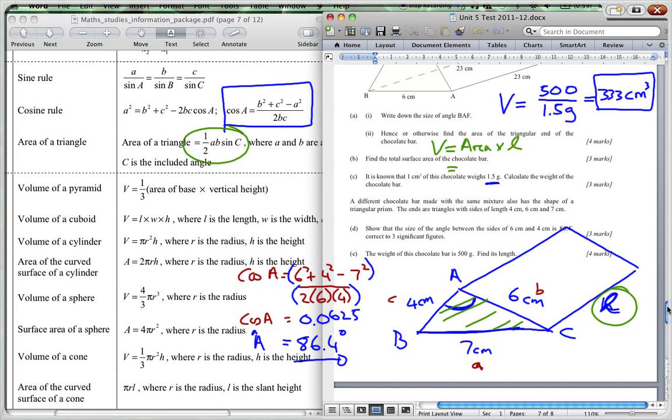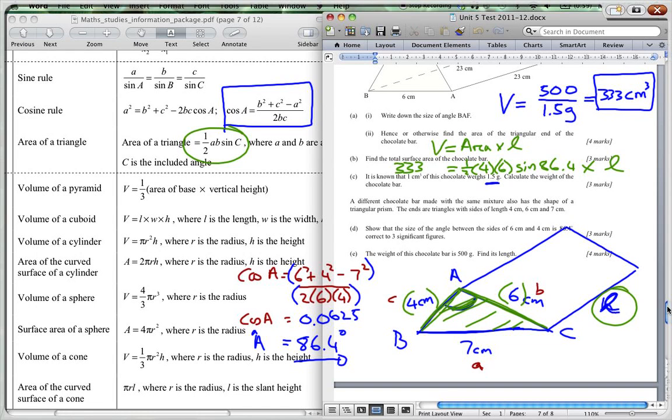It's going to equal a half times 4 times 6 times the sine of the included angle, 86.4, times the length would equal my volume, which is 333.333.